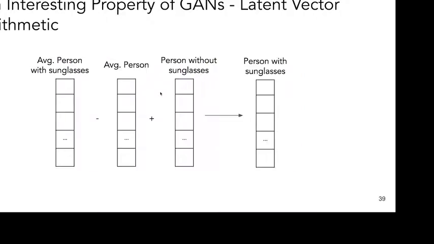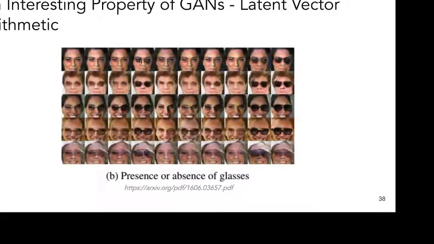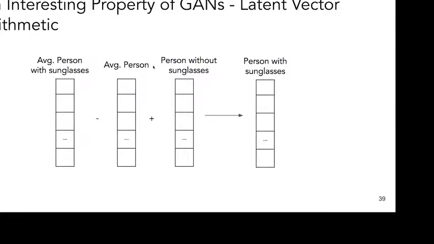Well, you can literally take those latent vectors, those random vectors, and then average out the ones that produce just people's faces with sunglasses, and then you get the average person as well, without sunglasses. The difference between those averages is kind of like this latent idea, this abstract idea of adding sunglasses onto a person.